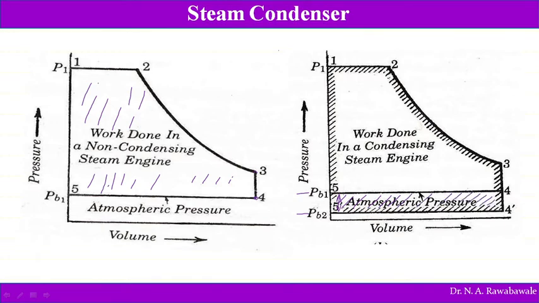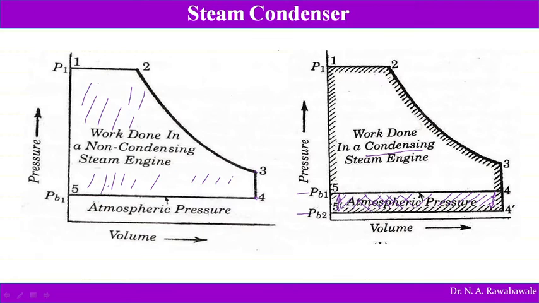This is the additional work done by the turbine or engine when we provide a condenser at the back end. That's why the back pressure gets reduced, and because of the reduction in back pressure the steam is expanded to a greater extent, and this helps us extract more work. So the work done by the turbine or steam engine, if we provide the condenser, is larger as compared with that without a condenser.